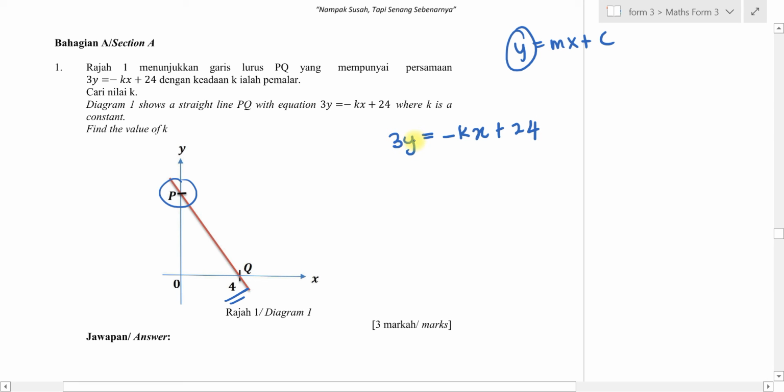We have 3 here, so divide by 3 here and divide by 3 here. You can also put an overall divide by 3, but I want it separate like this so that you can see things clearly. Negative k over 3 x plus 24 over 3 is 8.